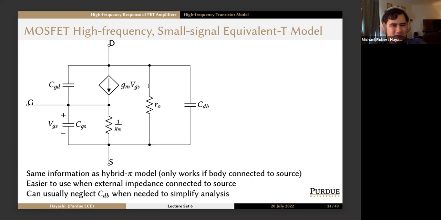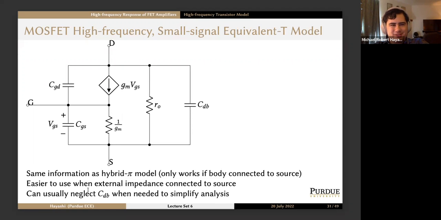We also have r sub o, the early effect output resistance here. And then we add in our three capacitances, CGS, CGD, and CDB, sometimes neglecting CDB when needed to simplify analysis, or saying it's part of our load capacitance, depending on our configuration of our circuit.